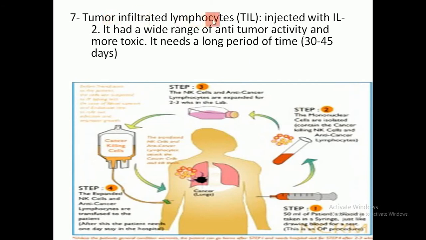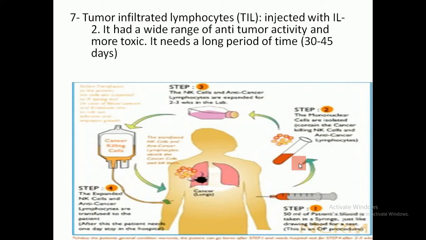Another type of tumor immune therapy is using TIL cells, which are tumor infiltrating lymphocytes, injected with interleukin 2. It has a wide range of anti-tumor activity, and it's more toxic. It needs a long period of time, 30 to 45 days. Here, the patient has cancer of the lung, and we extract and remove the tumor mass by surgery.